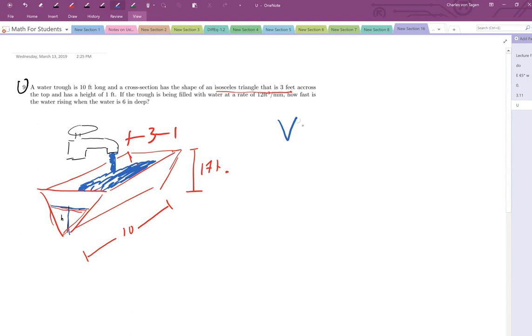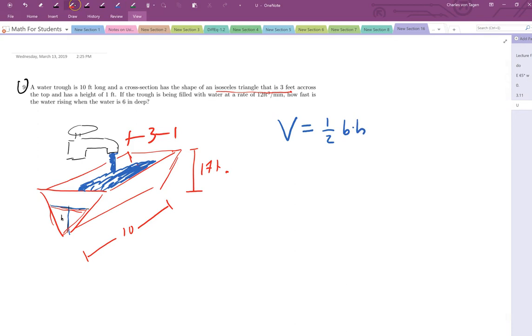Remember that volume for these prism shapes is simply whatever the shape is, in this case a triangle, multiplied by a dimension of height. So to find the volume of this trough of water, we're going to take the area of a triangle, which is 1/2 base times height.